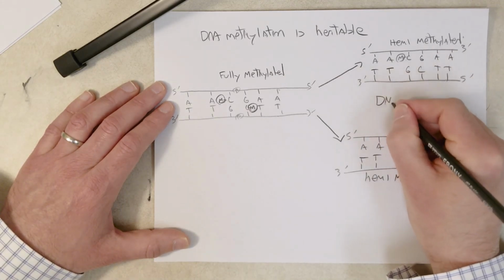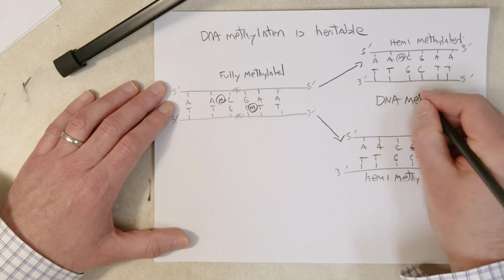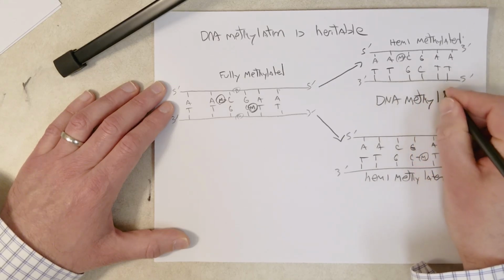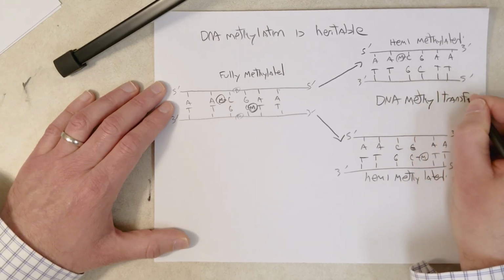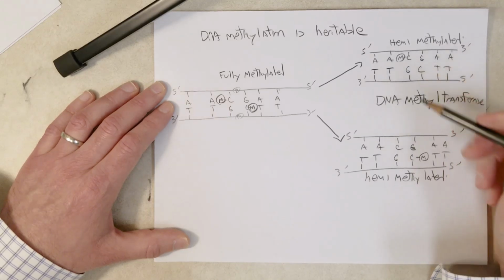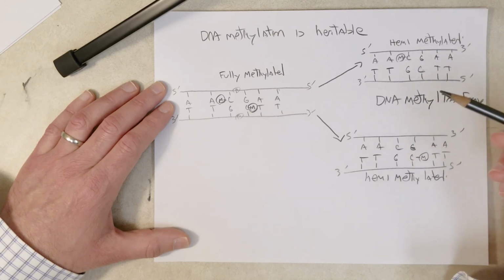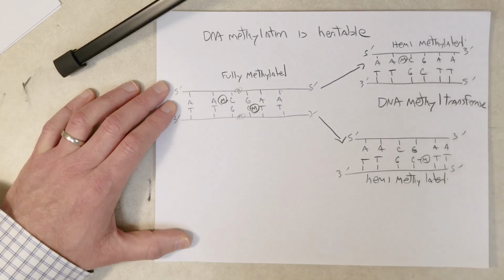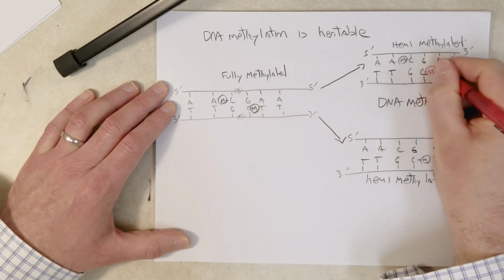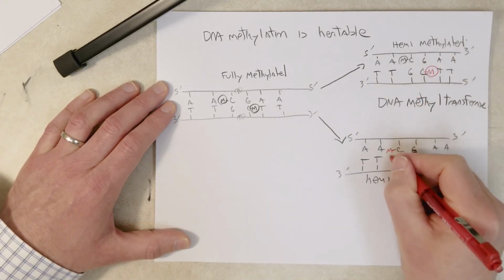And after DNA replication, there's a DNA methyltransferase that scans the newly replicated DNA molecules and looks for hemimethylated DNA sequences. And when it finds them, it methylates the non-methylated cytosine and turns the hemimethylated sequences into fully methylated sequences. So I can put that in here. There's the new methyl group there, and there's the other one over here.